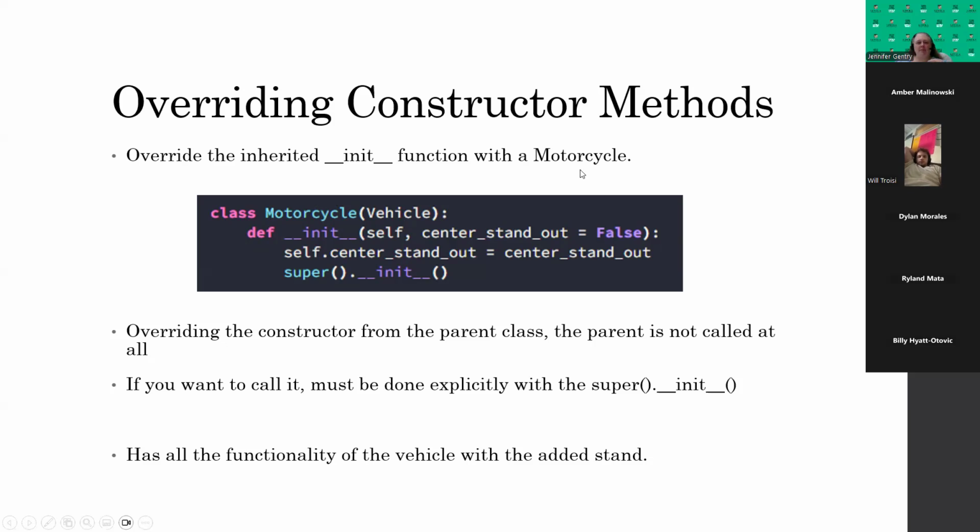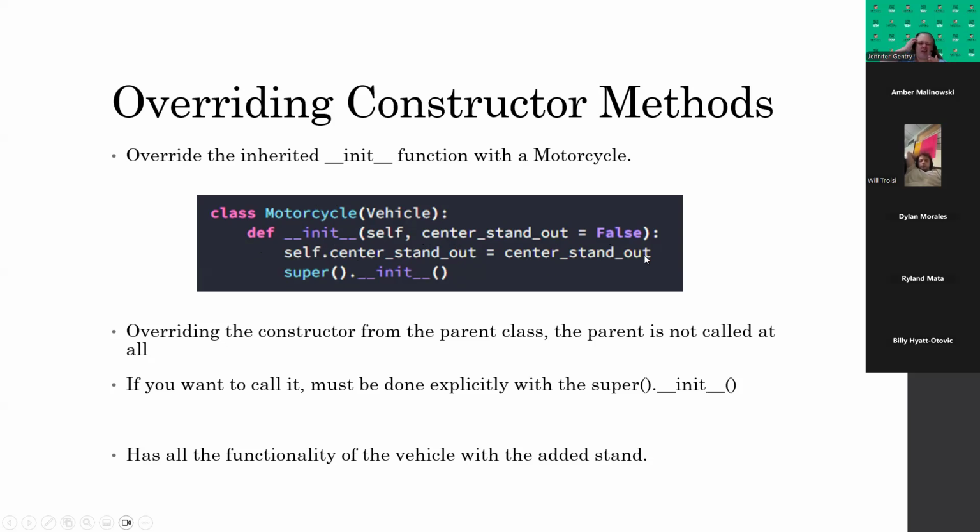So here I've got my motorcycle. I want to have a kickstand on my motorcycle because I don't want my motorcycle to fall over, right? So here I'm going to define the double underscore init with a self, and it's also going to have the kickstand. So my self.kickstand equals kickstand.